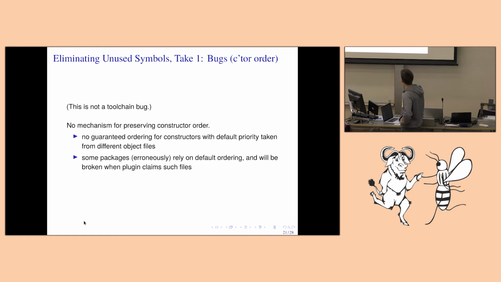So, yeah, and also there is this thing which is not a toolchain bug per se. It's only an issue for invalid programs, which rely on the constructor order being the default, which is not the case when plugins are at play, because they can change the order of input files.